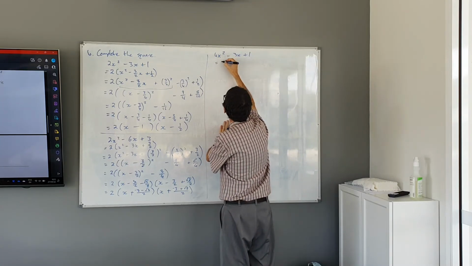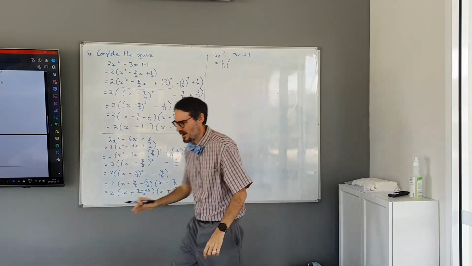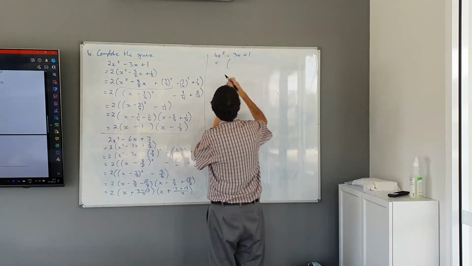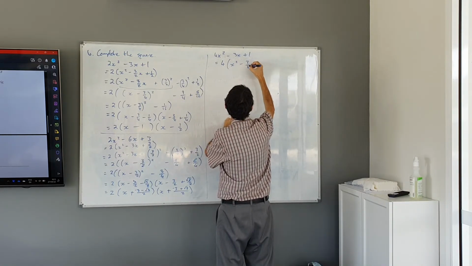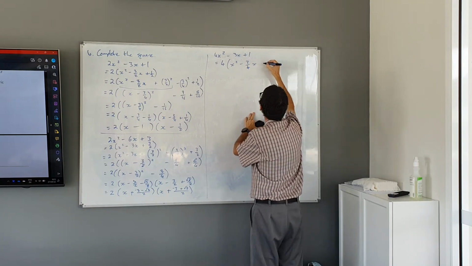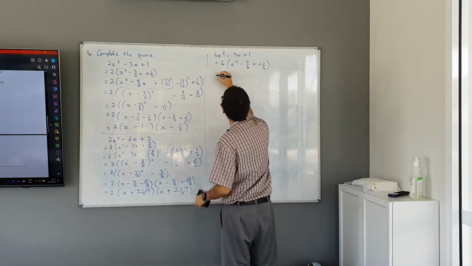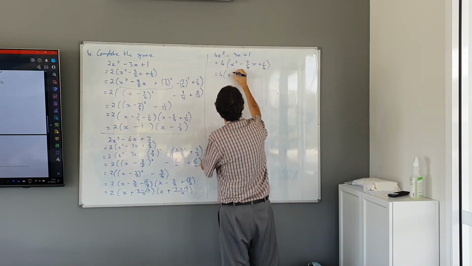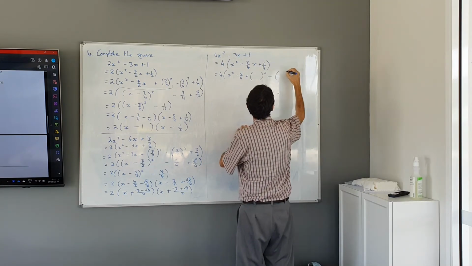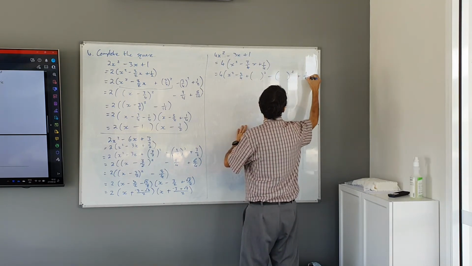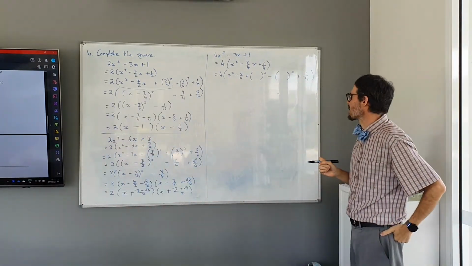I need to take the 4 out. 4x squared minus 3/4 x plus 1/4. That's where my quarter is. What's my thing that I'm squaring?